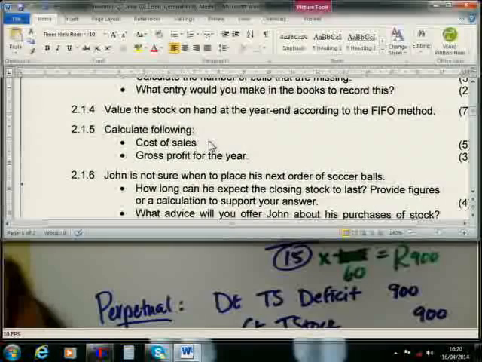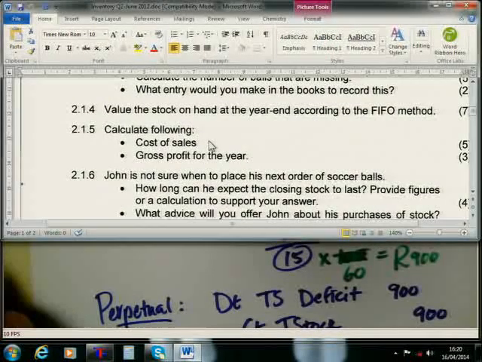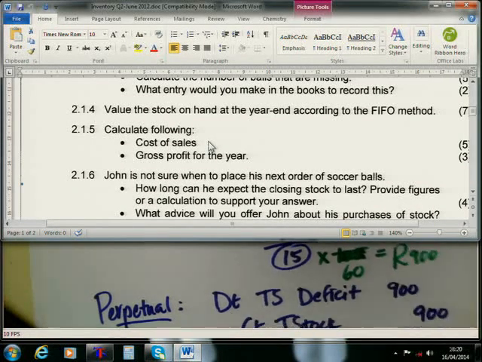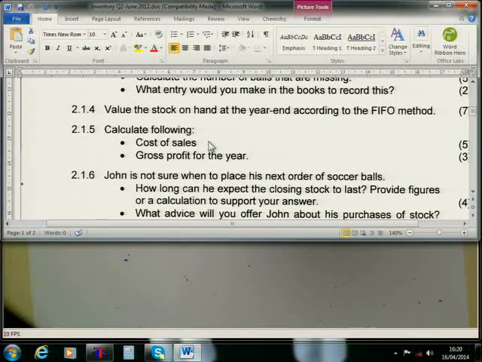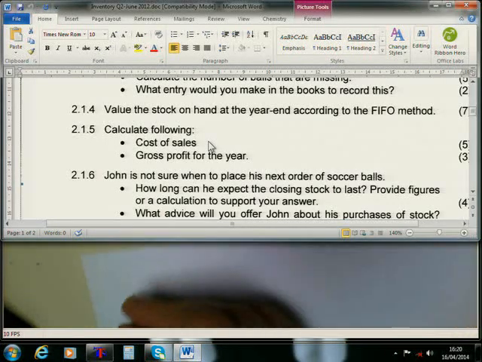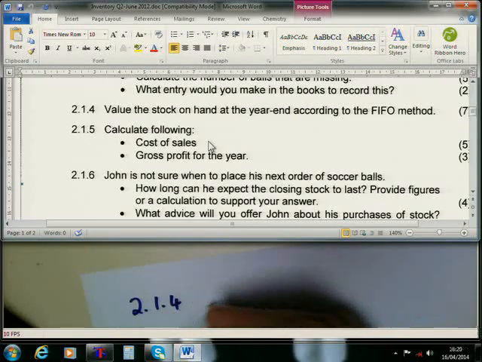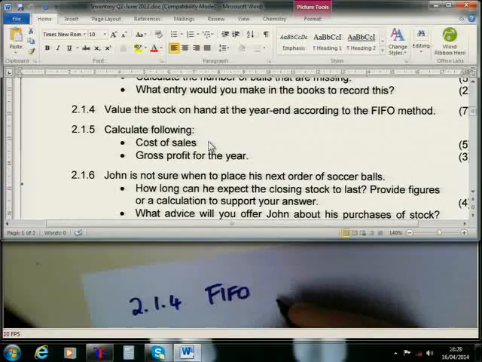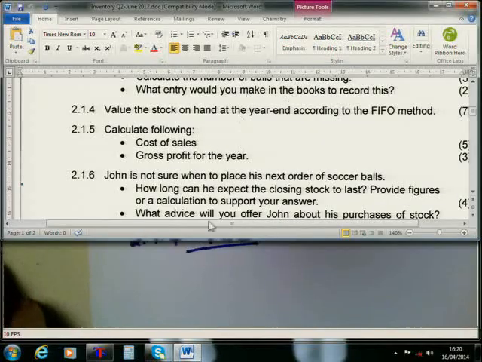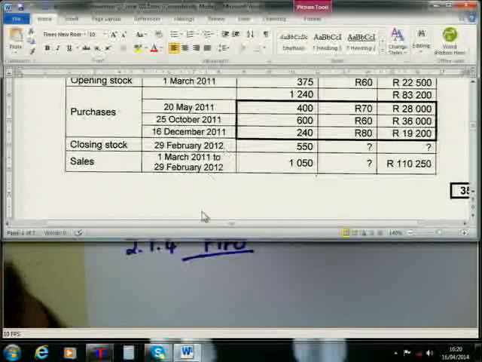2.1.4. Calculate the value of the stock at the year end according to the FIFO method. Now I want you to concentrate and do it with me. This is the FIFO method. Where's our information?